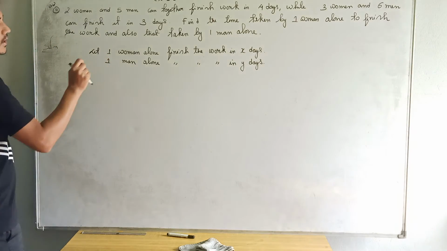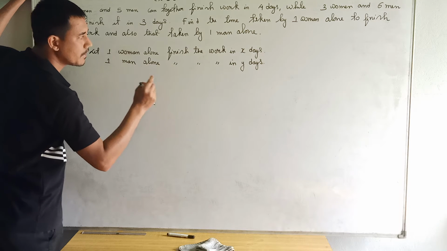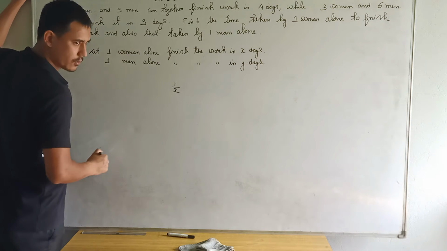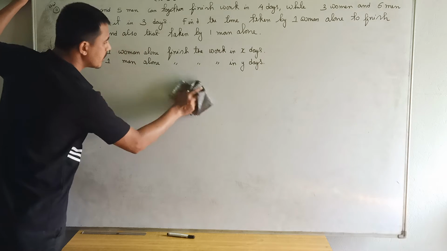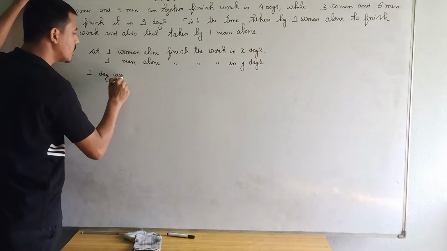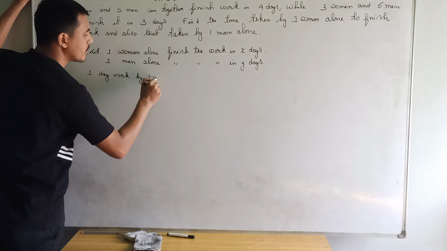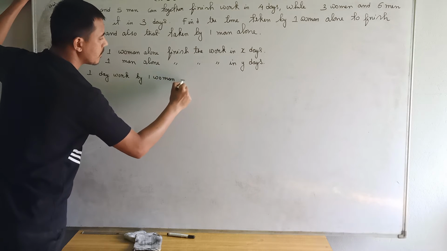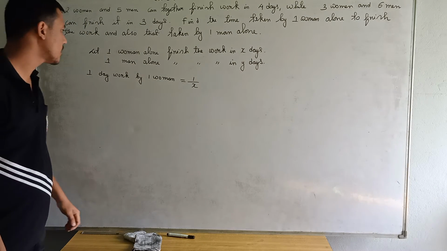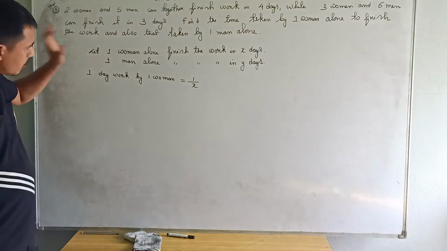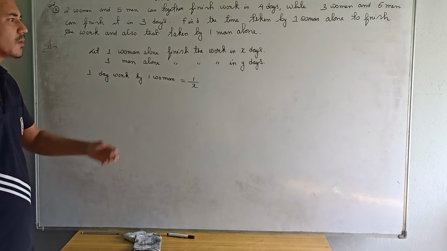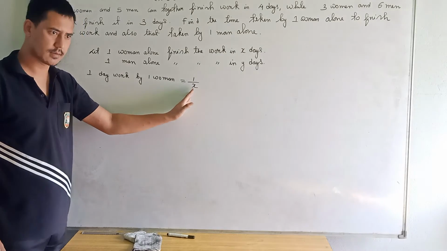Then in one day, she will be able to complete only one part out of the total days taken, X. So 1 day work by one woman will be 1 upon X. One woman alone can finish it in X days, so in 1 day she will finish only one part out of the total days taken.